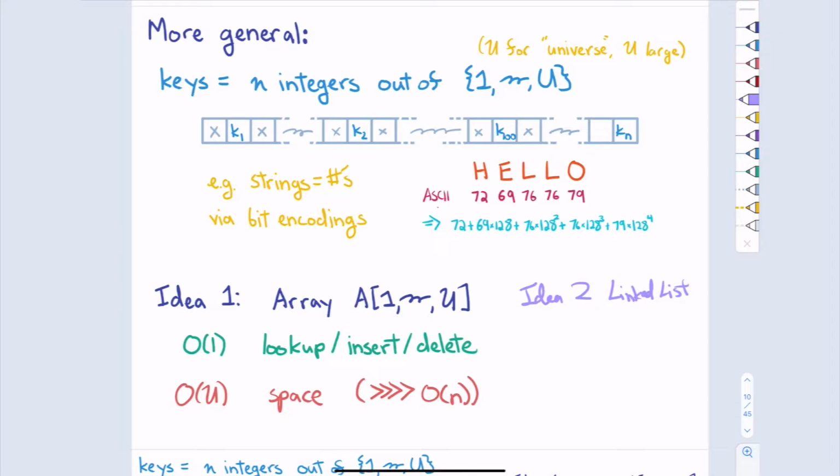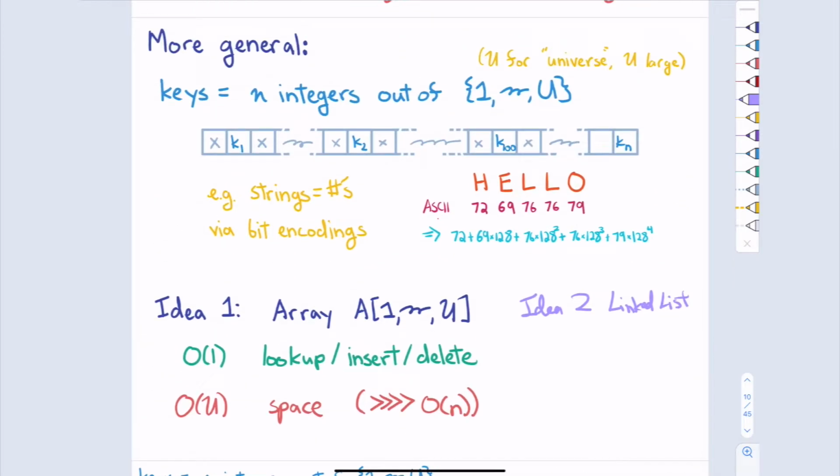I was thinking we could do something smarter where we also order the linked list. Okay, I'll sort the linked list in order of key. Fine. So if I did a linked list, how much space would I need? O of n space. And if I wanted to do a lookup, how long would that take?